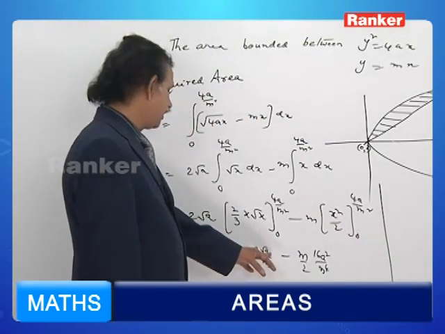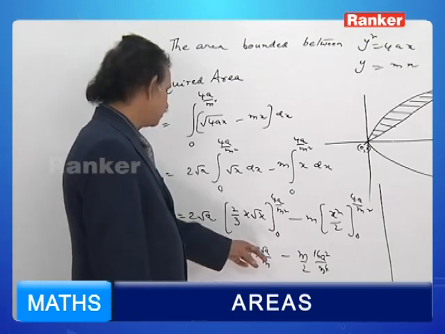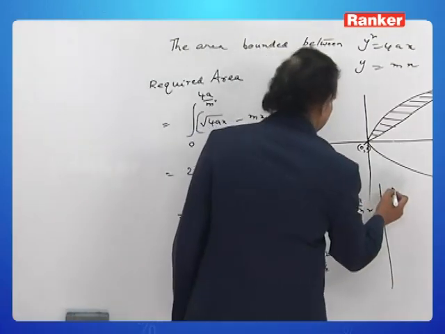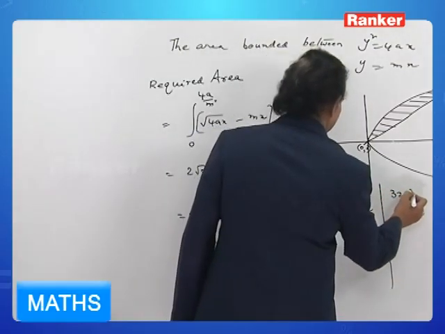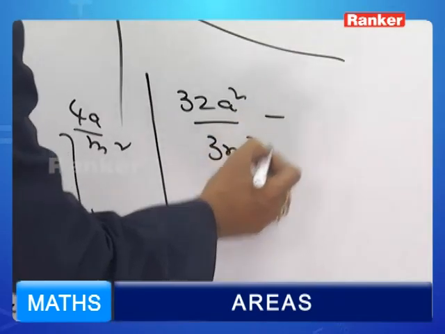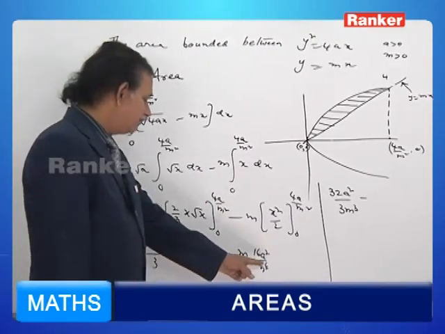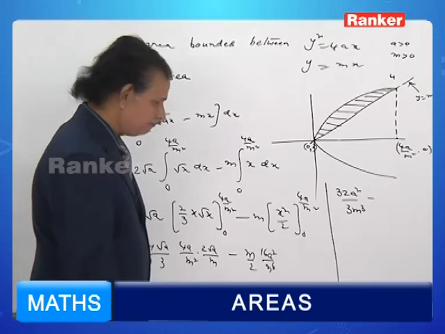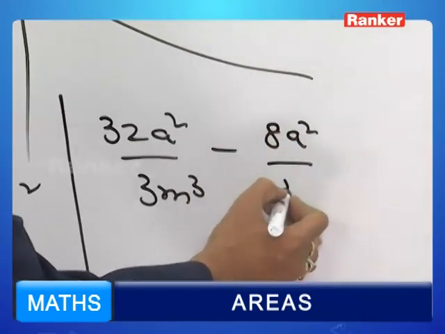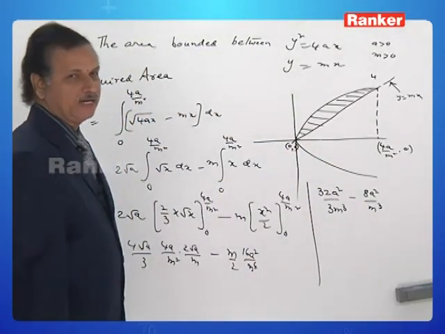Root a into root a into a square. 4 4s are 16, 16 2s are 32, 32 a square by 3m cube. Come here. 16 by 2 is 8. M by m power 4 is by m cube. So 8a square by m cube. 8a square by m cube.